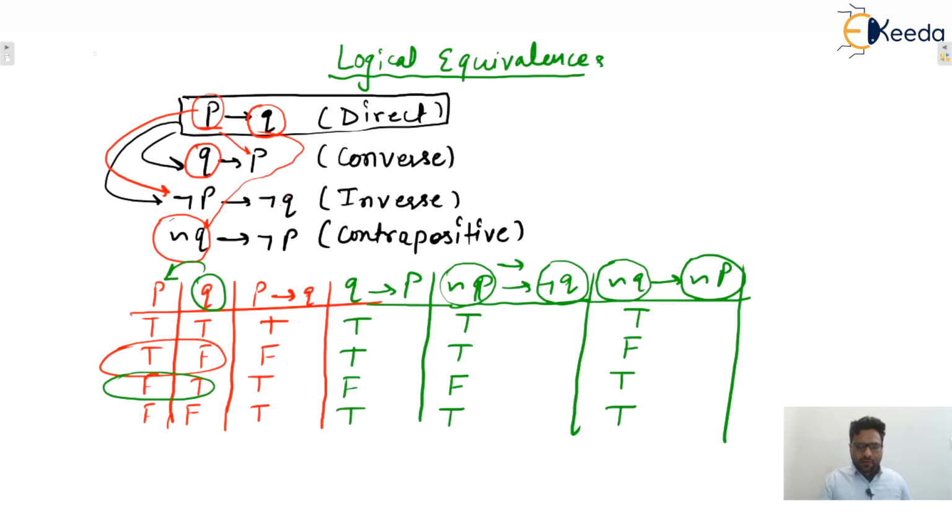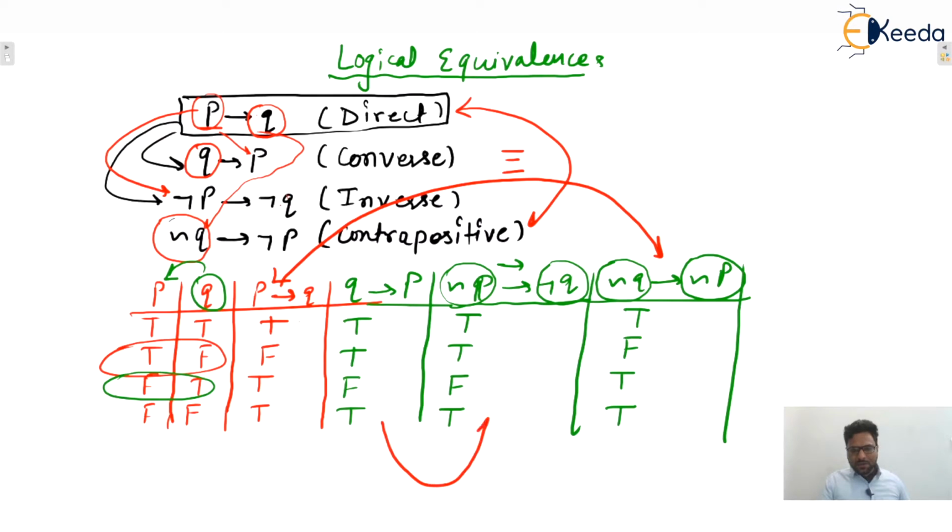From this we can conclude that this one is direct and this one is contrapositive, so direct is equivalent to contrapositive. Similarly, Q implies P, the converse, is equivalent to the inverse. From the truth table we can conclude this. Let's say this one is a direct.